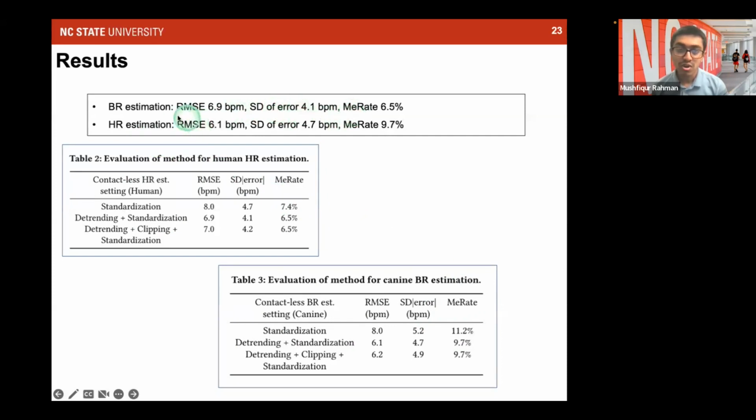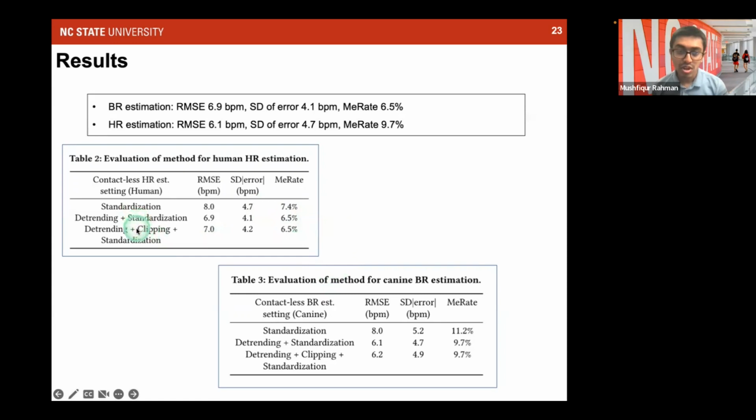For breath rate estimation, we have an RMSE of 6.9 BPM, standard deviation of error of 4.1 BPM, and mean relative error rate of 6.5%. For heart rate estimation, we have an RMSE of 6.1 BPM, standard deviation of error of 4.7 BPM, and mean relative error rate of 9.7%.